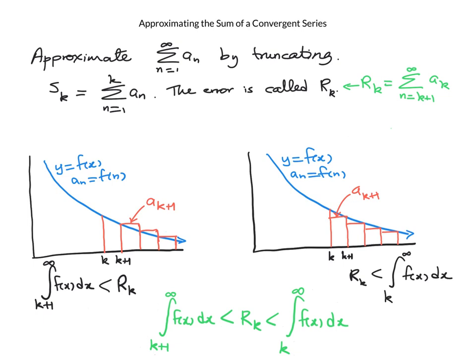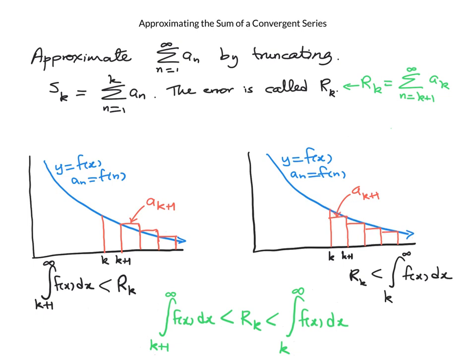However, if I did the exact same thing and drew my function with a sub n equals f of n, and I start at k plus 1, that's my a sub k plus 1, a sub k plus 2. Again, these values represent the error if you add them up. But if I instead drew the rectangles to the left, then these rectangles now have an area that is smaller than the integral.